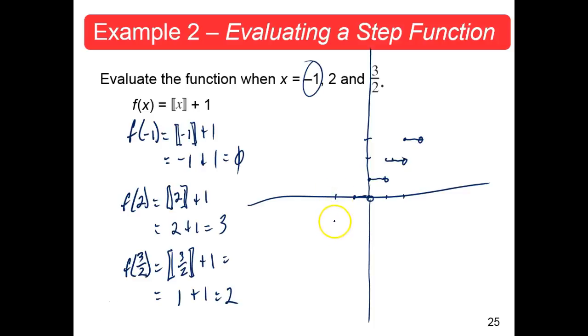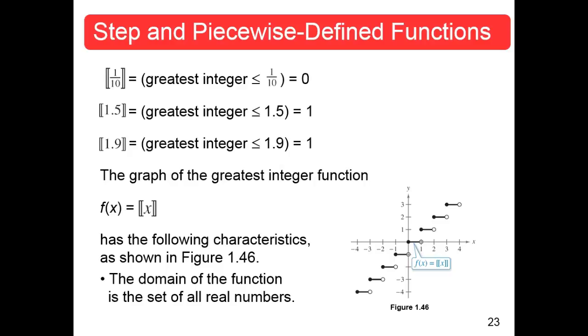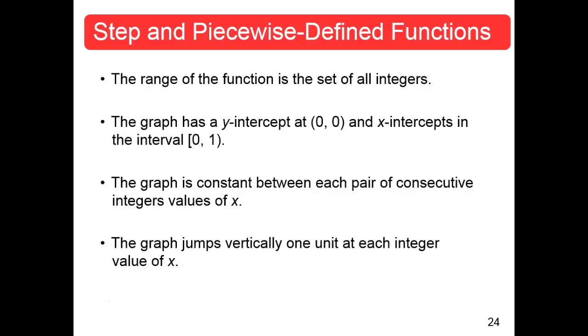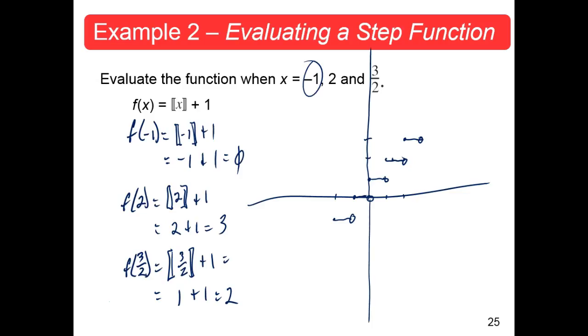If you went back here, that with an open circle here. And it looks a lot like what we had before. What's the one difference? Let's jump back two pages. This one started at 0 and moved to the right. This one starts at -1 and goes to the right. Actually, that's not exactly what happened. That's what it looks like.